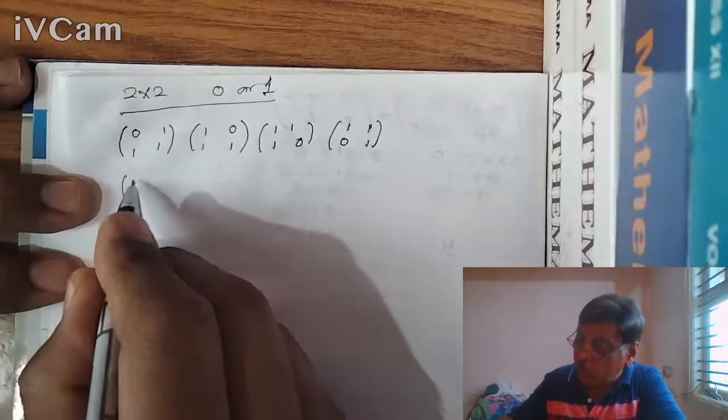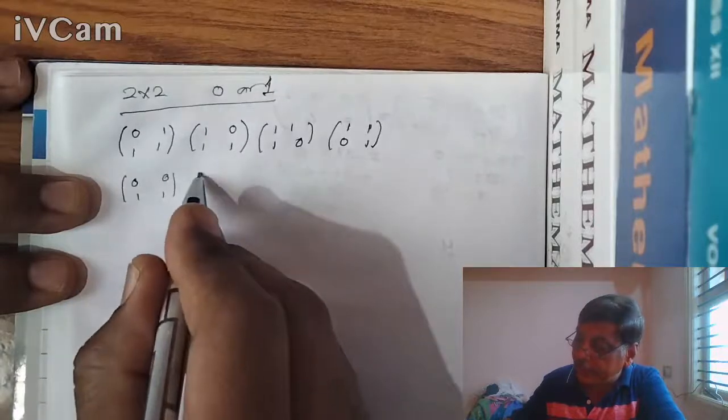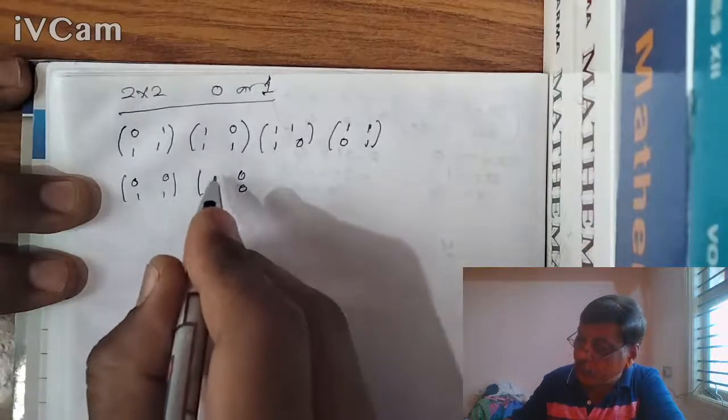Next I start with two zeros, 0 0, and write the remaining 1 1. Next I write zeros in other positions and the remaining entries 1 1.